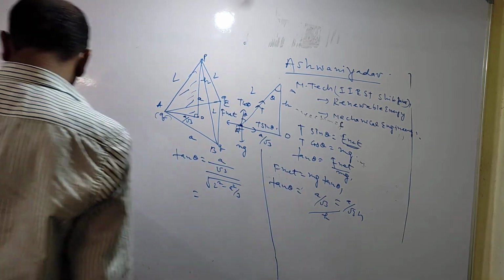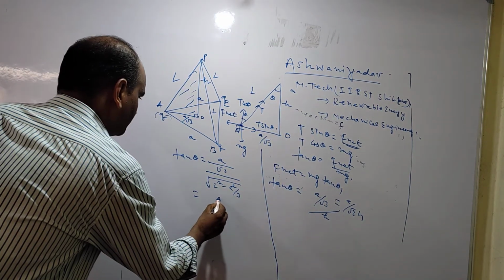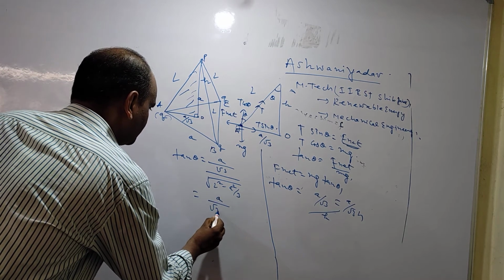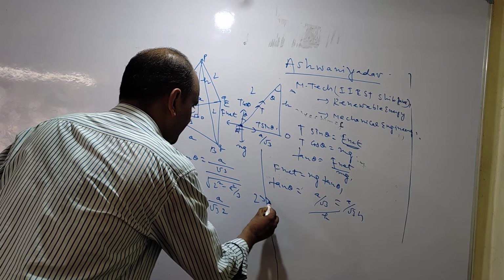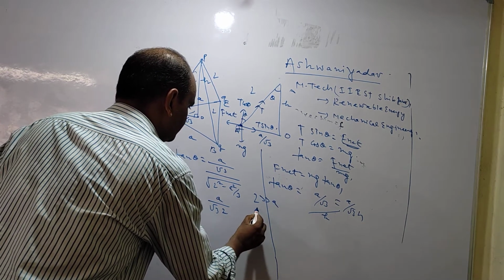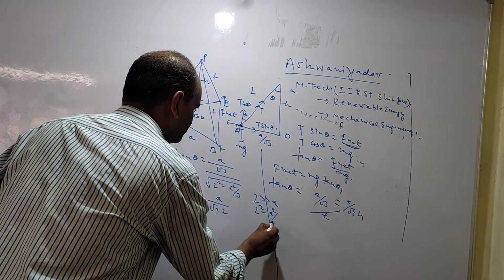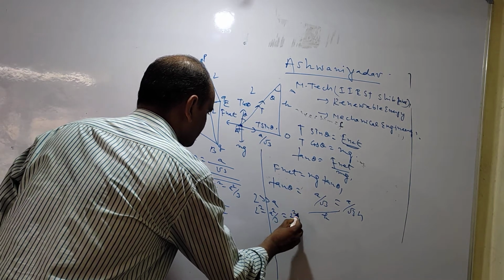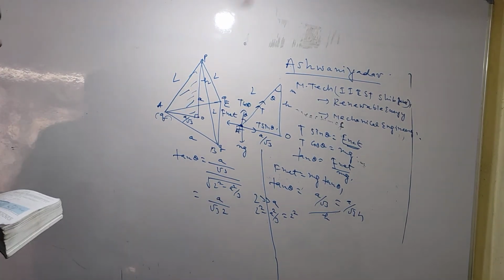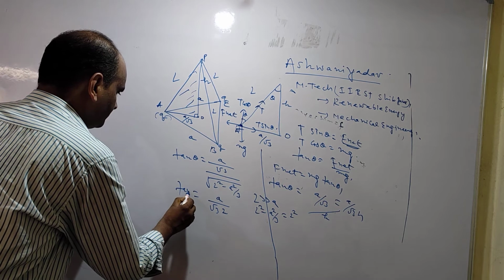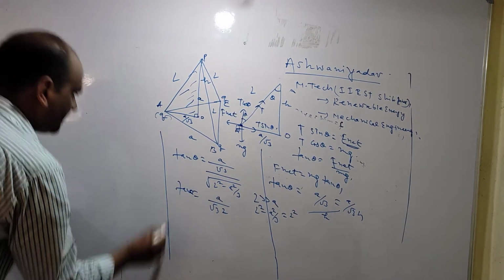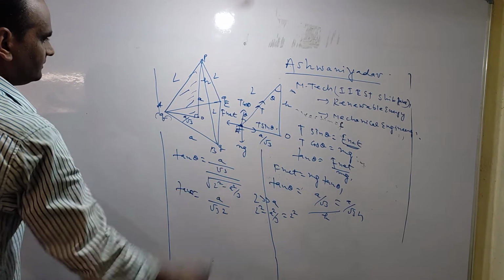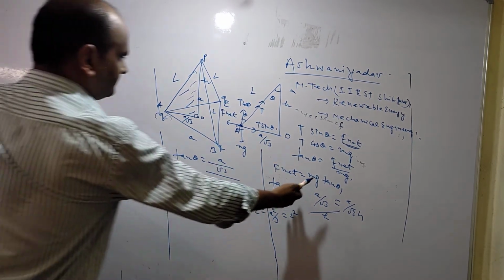So we are left with A by root 3 L, because L is much greater than A, then L square minus A square by 3 you can write as L square. So we have tan theta. Now if you are able to find F net, then you can find Q from this one.